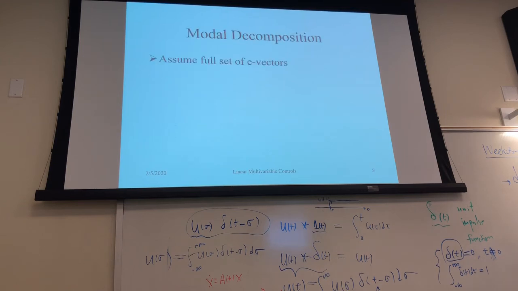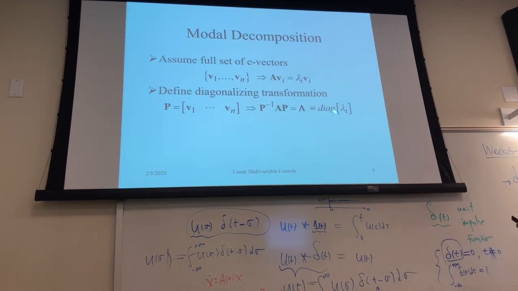The reason is, if you have a full set of eigenvectors, you can diagonalize by using eigenvectors to form this similarity transformation matrix P, so that P inverse A P is diagonal with lambda i. Okay, this is a simple case.